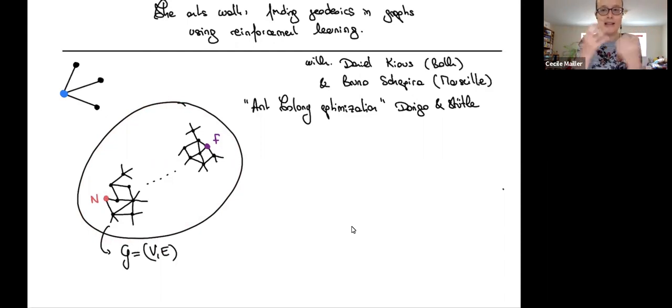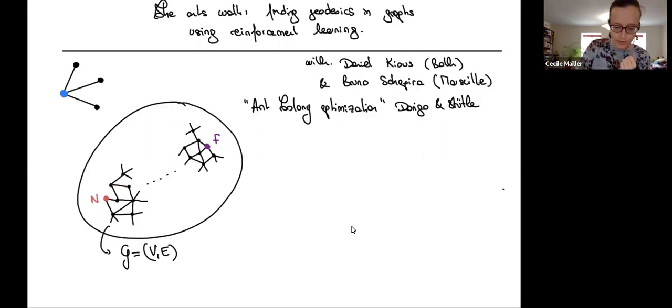And so the idea is that the ants are going to perform some random walks on the graph, but eventually what we want the algorithm to output is the shortest path between the nest and the source of food. And when I talk about distances in this talk, I always talk about graph distance. So each edge has length 1, right?